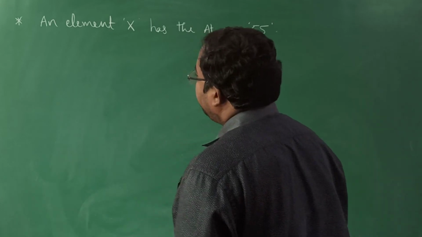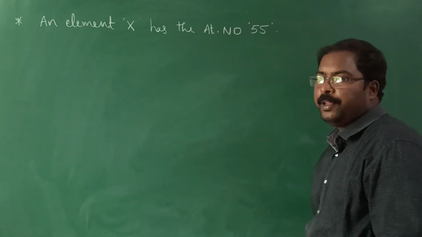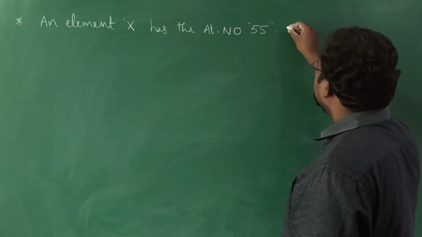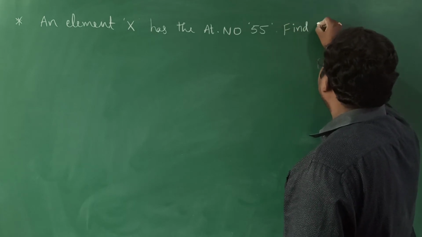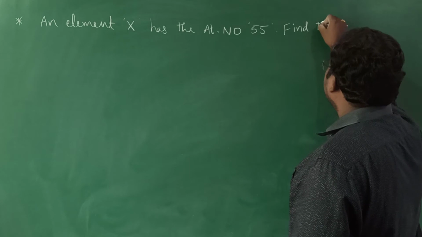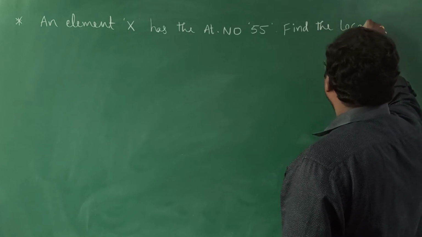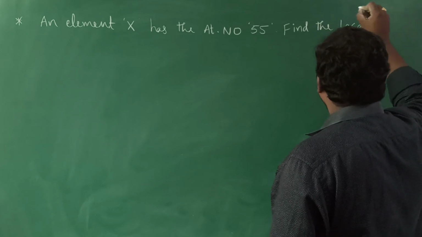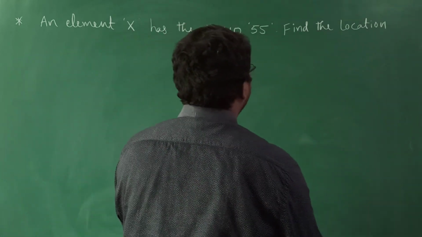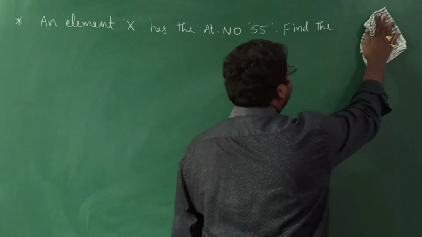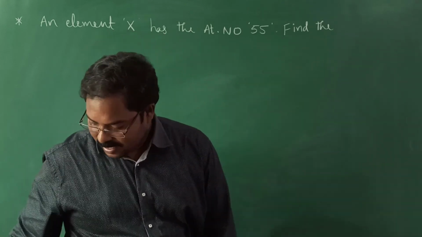Okay, the element X has the atomic number 55. Now your task is to find the location of the element, or instead of asking location, anyway you already learned how to find the location of the element.